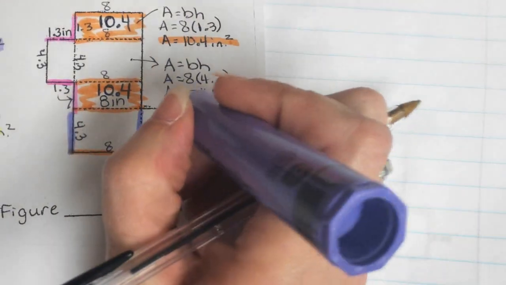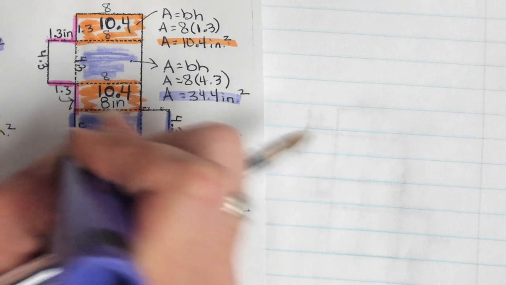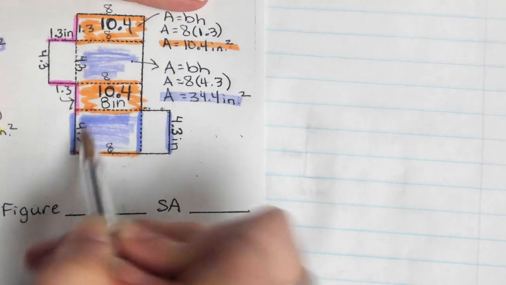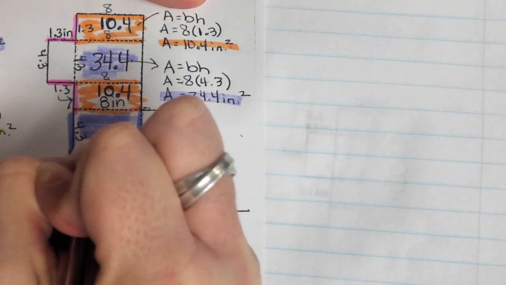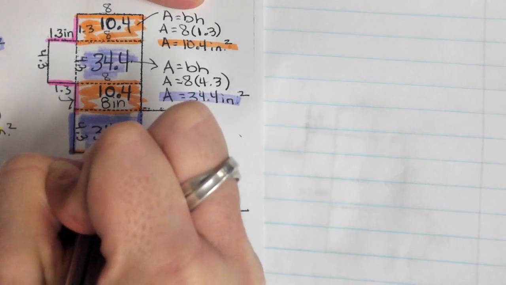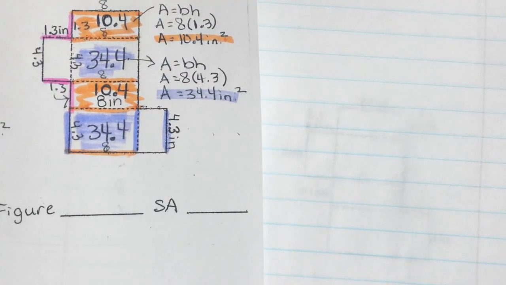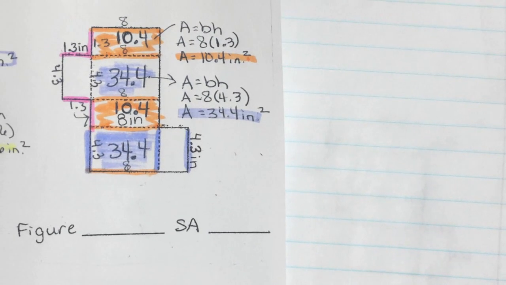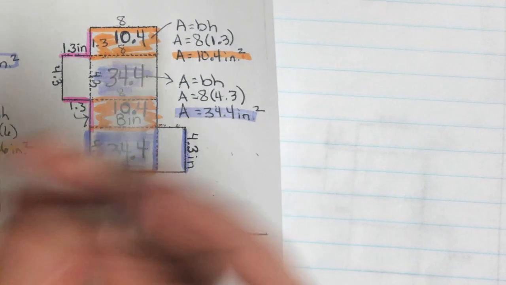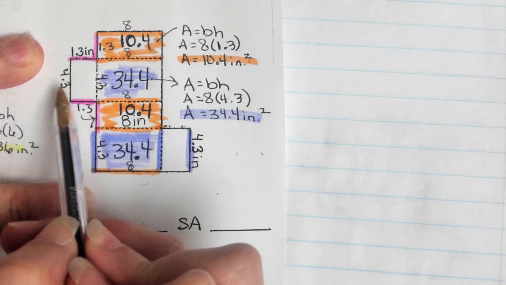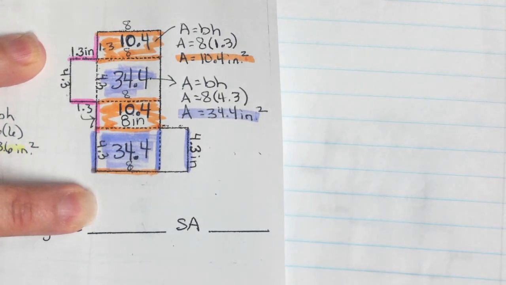Okay. Now, you see how this one and that one are the same? Good so far? Okay, and on the last box, on the little flaps, I see that it is a 1.3 times 4.3.